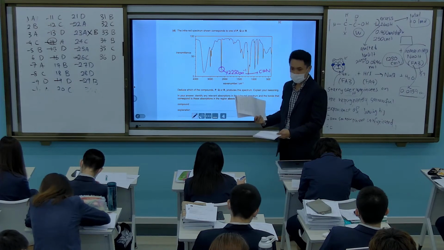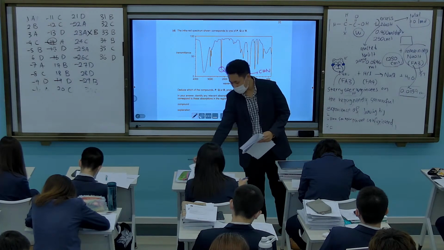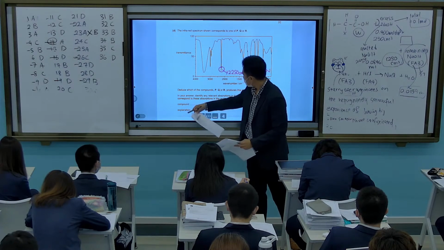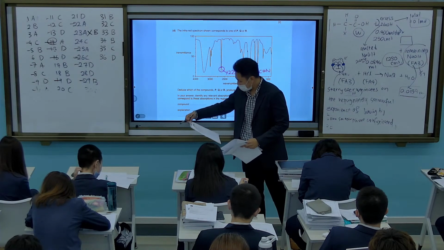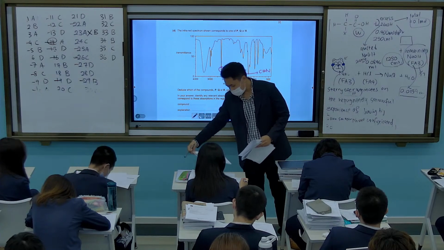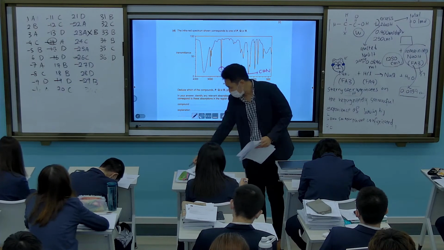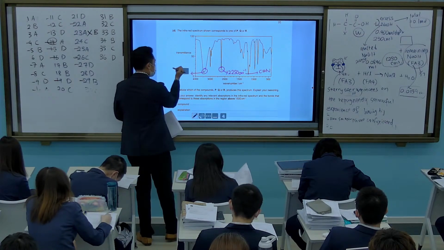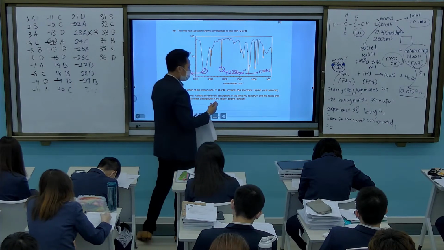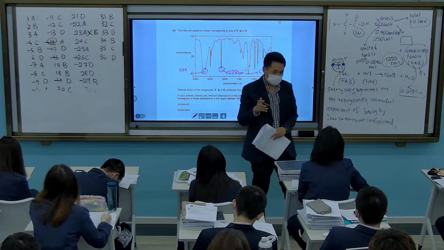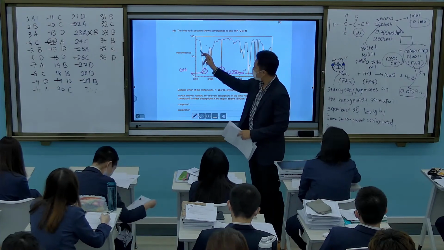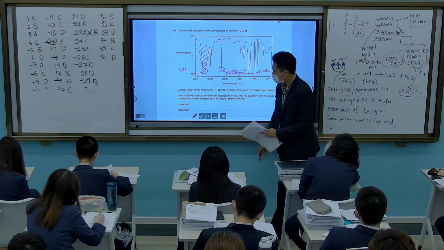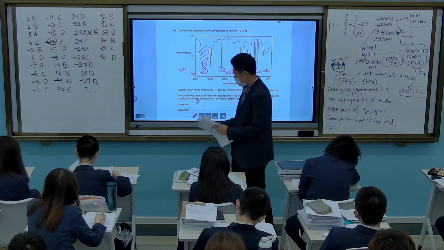Does it have an OH? According to the data booklet, OH is around 3,400, 500. So this one here is OH. It looks a bit complicated, but actually it's very easy. This shape here is very common, it's an OH. So the answer is compound P.